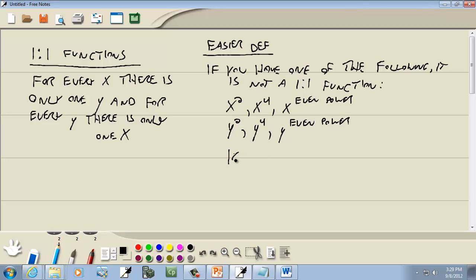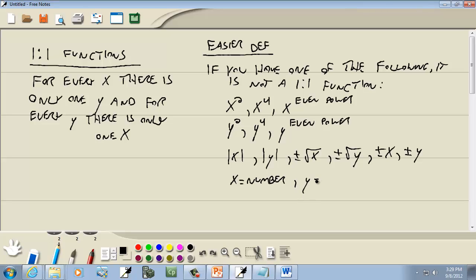If you have the absolute value of x, the absolute value of y, or plus or minus square root of x or plus or minus square root of y, it's not a function. Or more generally, if you have plus or minus x, plus or minus y of some form. If you have x equal to a number, it's not a one-to-one function. And if you have y equal to a number, it's not a one-to-one function.